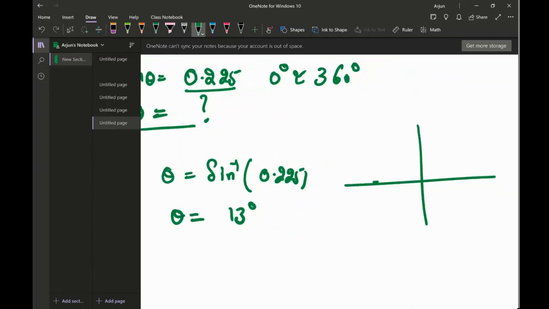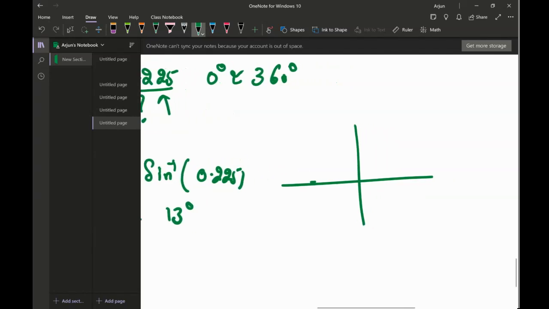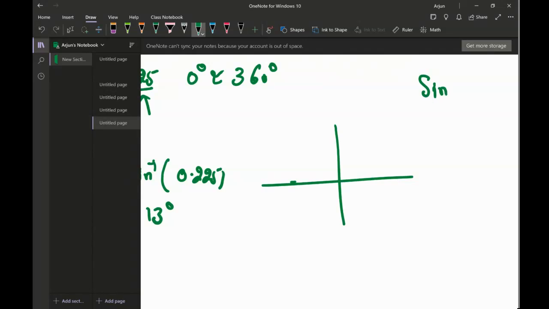But the reality is, for every value of a trigonometric ratio, there will be two angles. What do I mean by that? If I ask you what is the value of sine 30 degrees, you're going to say sine 30 is 0.5.